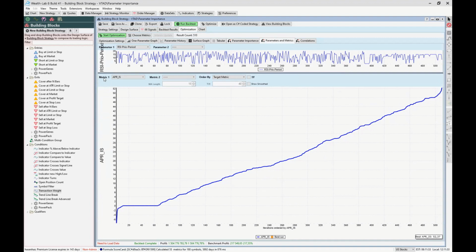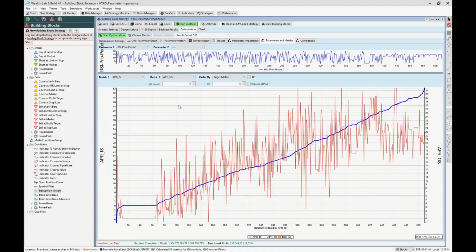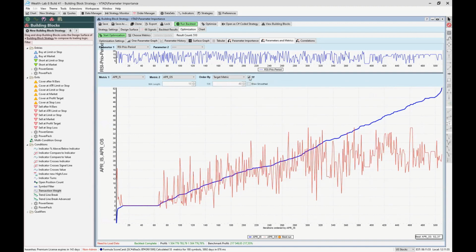We can compare the two metrics, our performance in sample and the performance out of sample, APR out of sample. And we have to share the axis, the X and the Y axis.